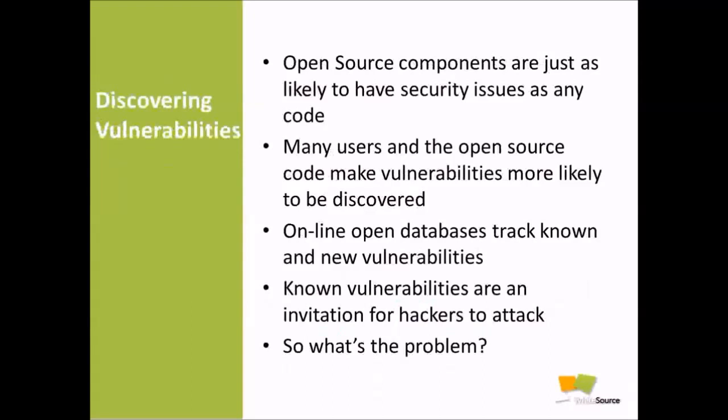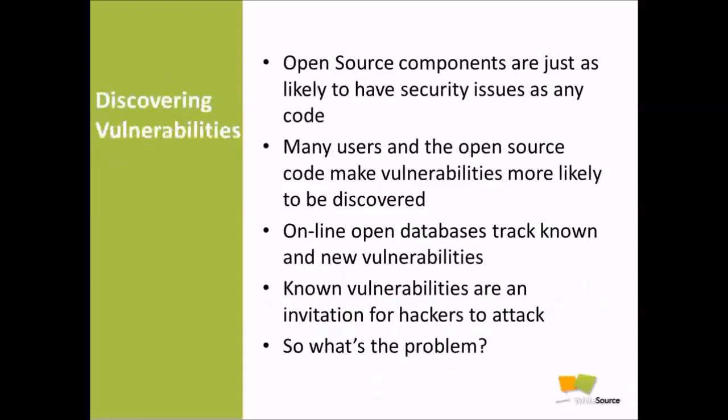So how are vulnerabilities discovered? Normally, being more popular than commercial software, open source components have a much wider spread of usage and therefore tend to be examined, even just by being used a lot, for security issues, and these issues tend to come up faster and more reliably than with commercial software projects.